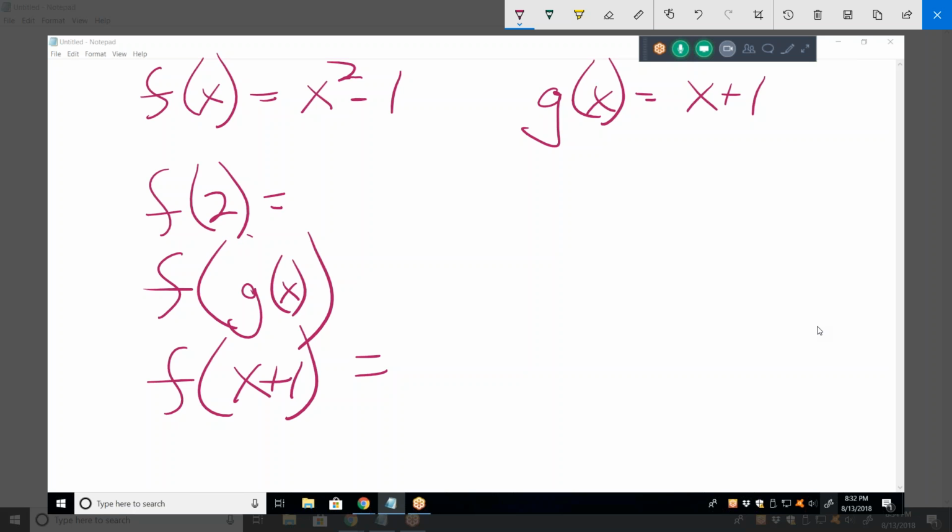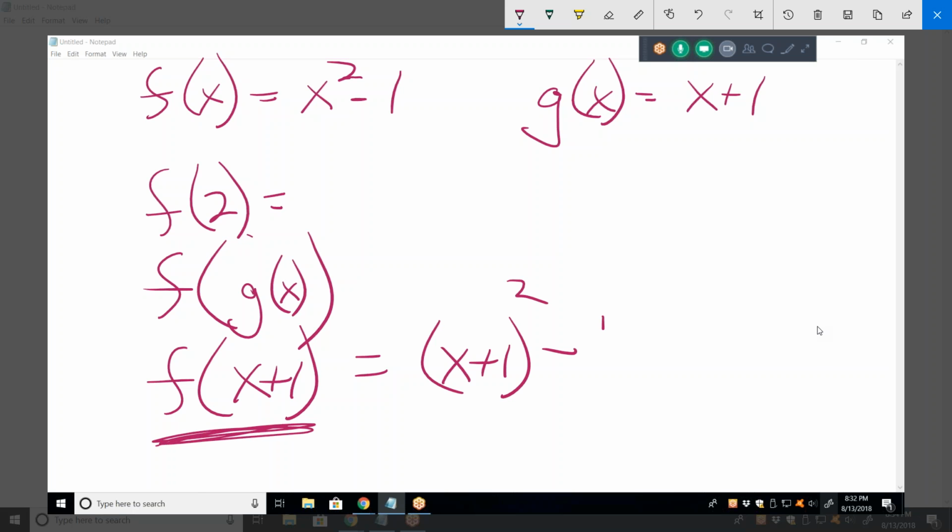Do it in 2 steps. Don't do it in 1 step. That is the way everybody makes mistakes. In other words, the very first step is just substitute x plus 1 for x. Put it in parentheses, square the whole thing, and go from there. Like this.